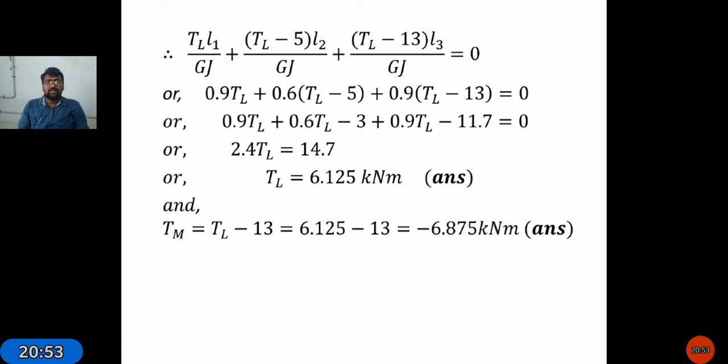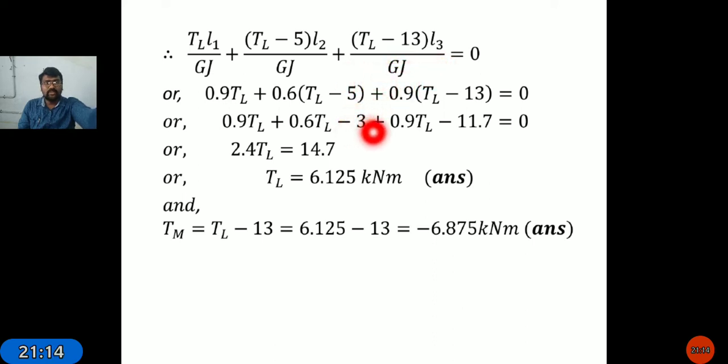Angle of twist developed in the first shaft is TL L1 by GJ. Next, angle of twist developed in the second shaft and angle of twist developed in the third shaft. Again we substitute all these values.